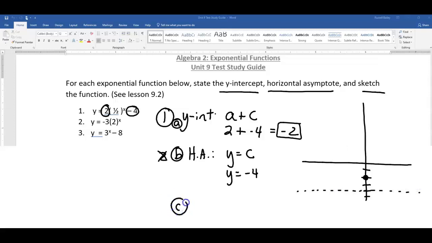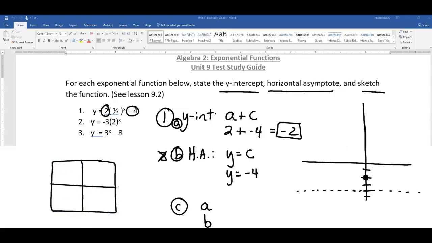And then finally, we get to determine the shape of this graph. The shape is based on the a value, and it's also based on the b value. We have a chart that I provided you guys with earlier. If b is greater than 1 and a is positive, then the graph looks like this.